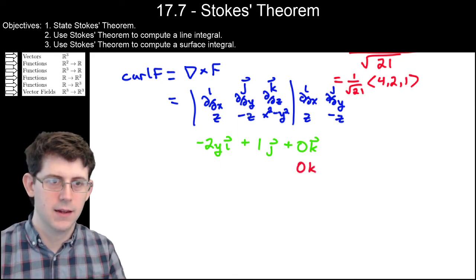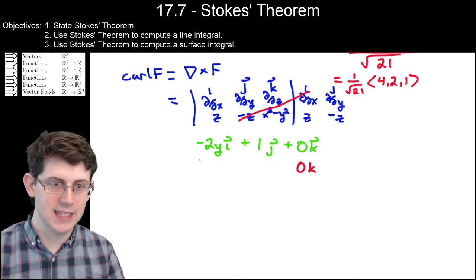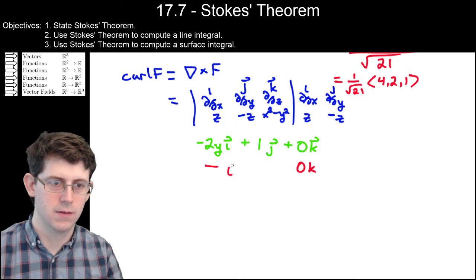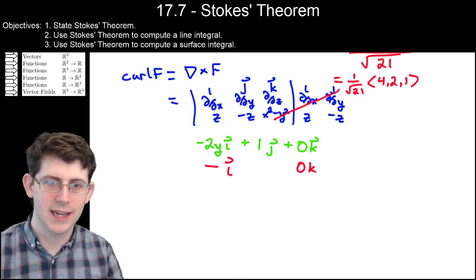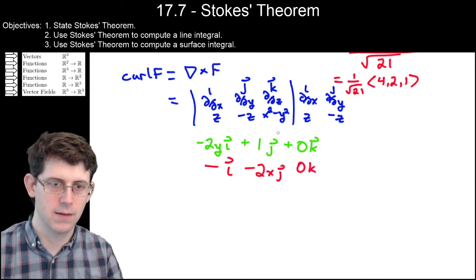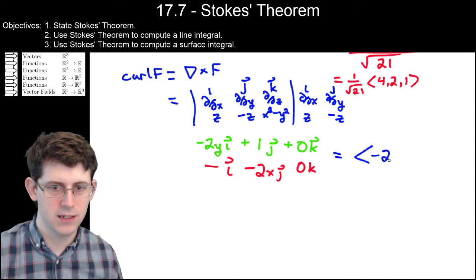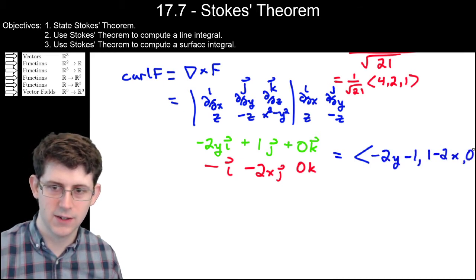Partial z of minus z, that's minus 1. And partial x of this mess is 2x. So in total, here's curl f. Minus 2y minus 1, 1 minus 2x, 0.